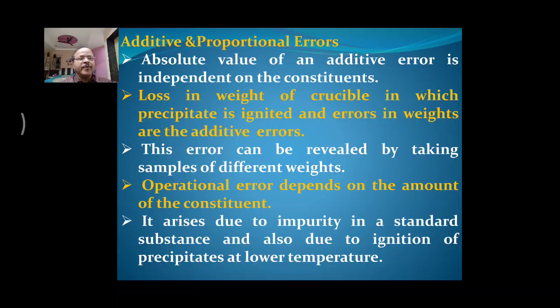So how we operate, how we handle the chemicals, or how we follow the experimental procedure, if it has some errors, then it will cause operational error, which depends upon the amount of constituent. If we do not handle the sample in which the constituents are present properly, it will create operational error.